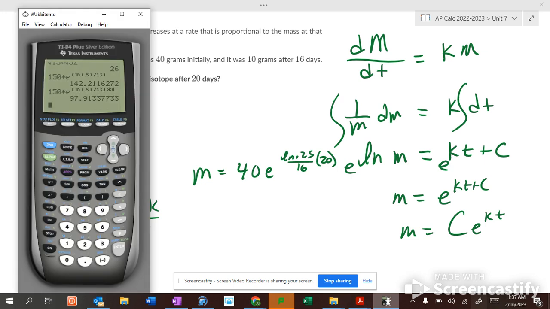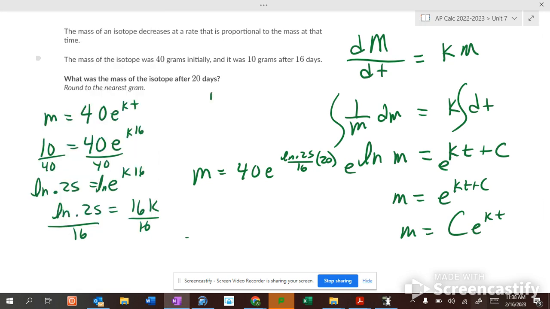Grab the calculator. 40 e to the ln of 0.25 divided by 16, close that, times 20, 7.07.